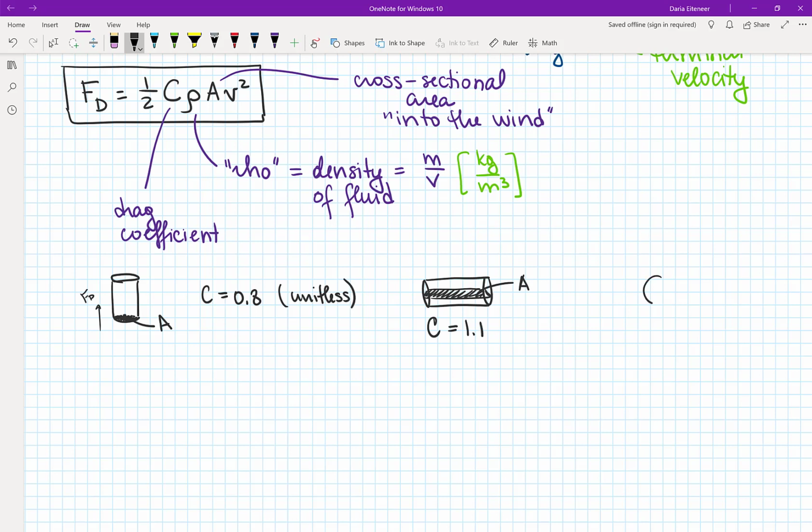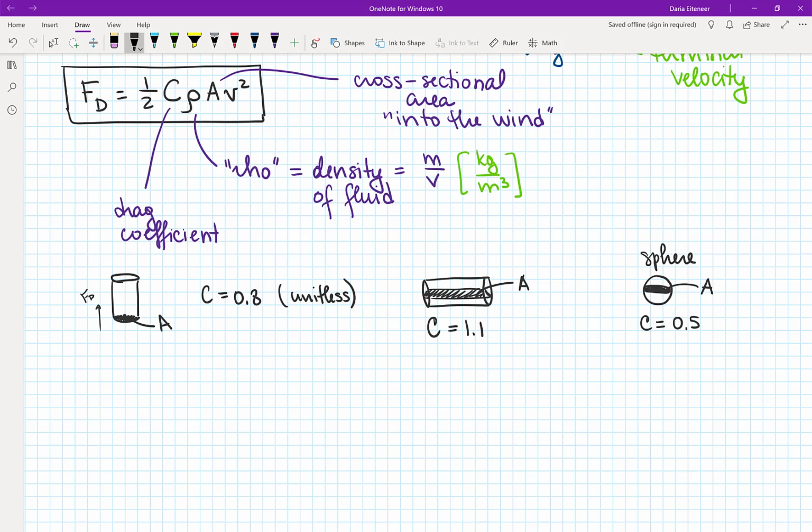If we have a sphere, which is kind of hard to draw because it's supposed to be three-dimensional, the area is, again, this circle, right? So imagine taking a sphere and slicing it in half. And in this case, C is 0.5. So you get the idea.